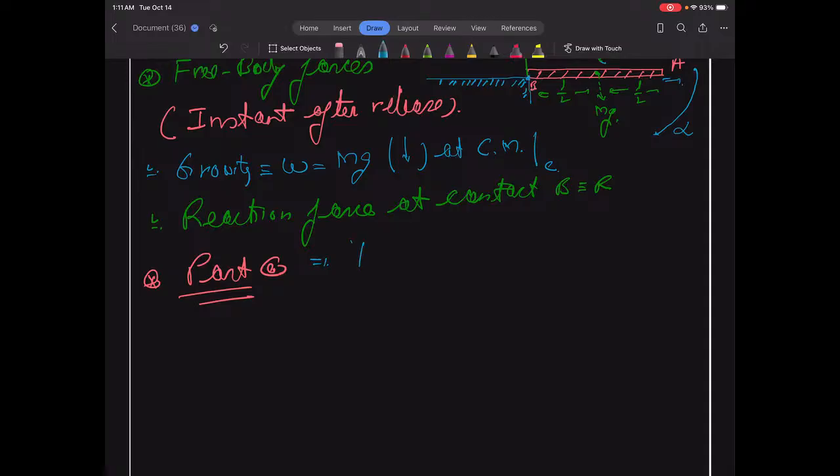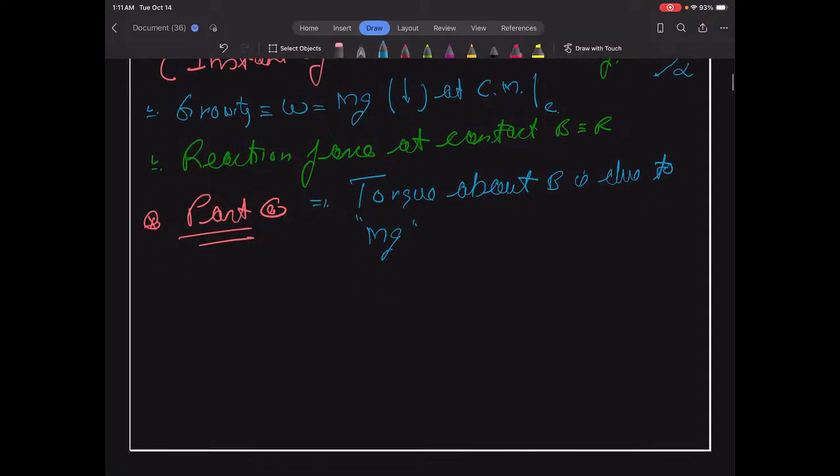So we can say that the torque at point B is due to mg, and it will be equal to the force, which is mg, multiplied by the perpendicular distance, which is L/2.